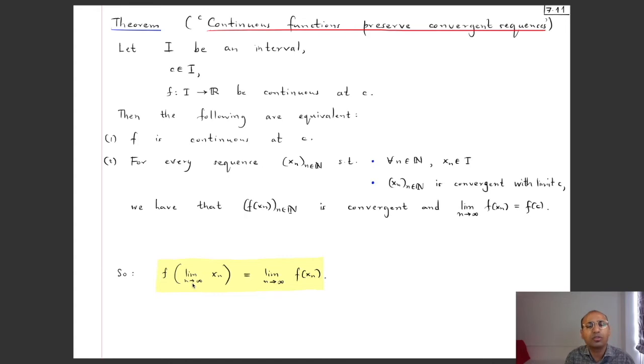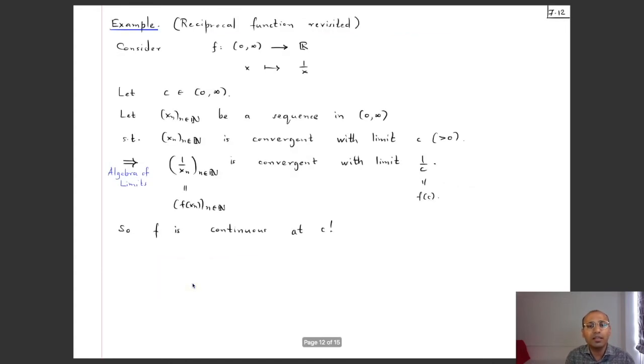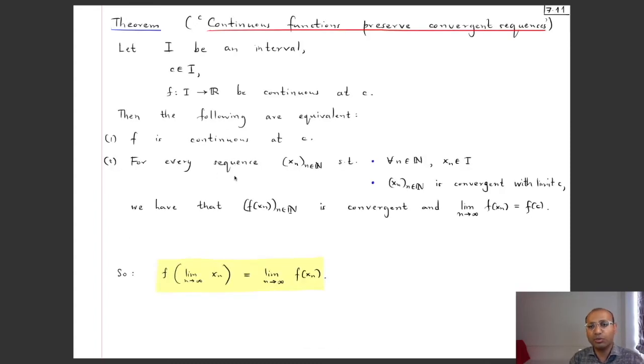The task is of course to prove this theorem, but let's actually revisit our reciprocal function and see how things become remarkably simple now. So let's revisit what the function was. The function was defined on the set of all positive reals, and it takes any x and f of that x is then defined by 1 by x. And we claimed that the function is continuous at every positive number. Okay, so now to check continuity at any c, it's enough to check this thing.